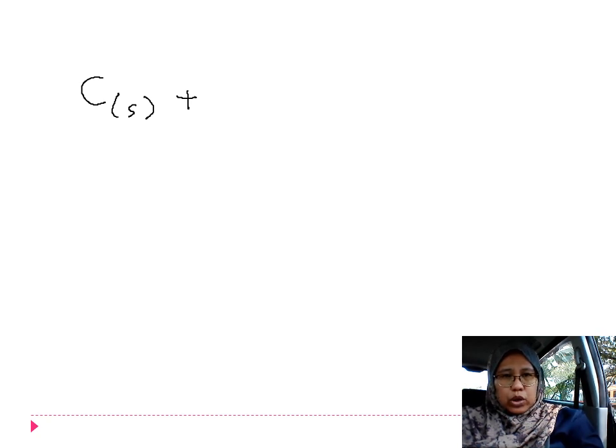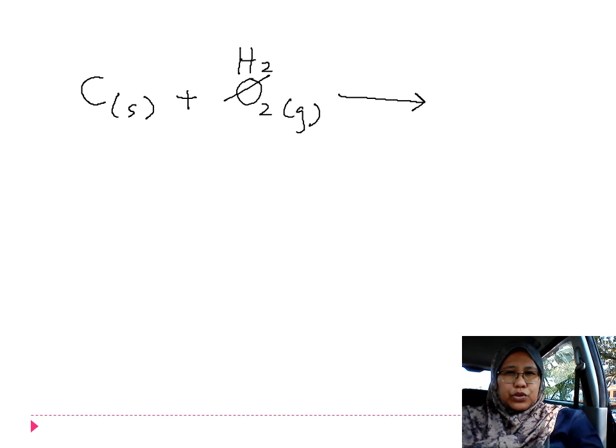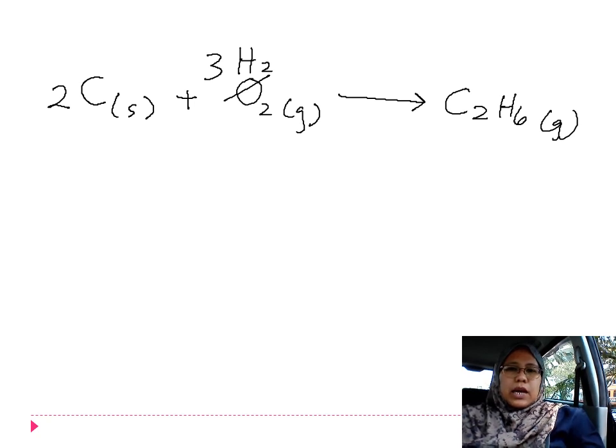So C solid plus H2 gas, as much as 3, would produce C2H6, this is ethane, and this one is not yet balanced. See? So this is the equation that we want to find the enthalpy.